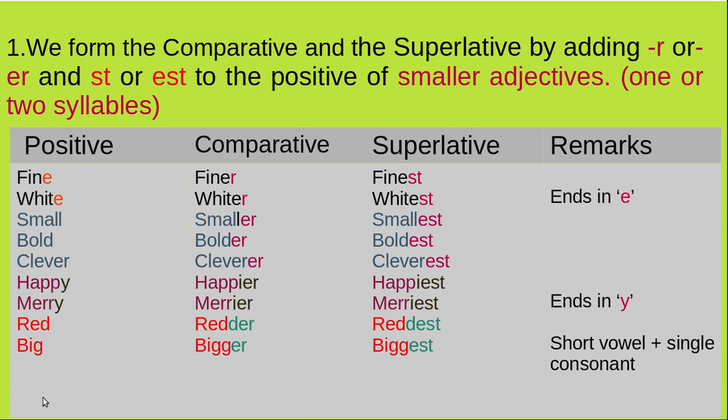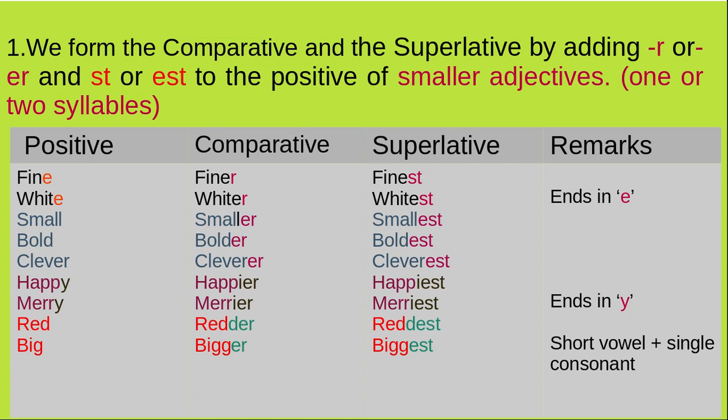Got it? And now you see this one, red. Here there is a change. D is doubled. That is, when a short word ends in a single consonant. Consonants are the letters other than vowels. Which are the vowels?